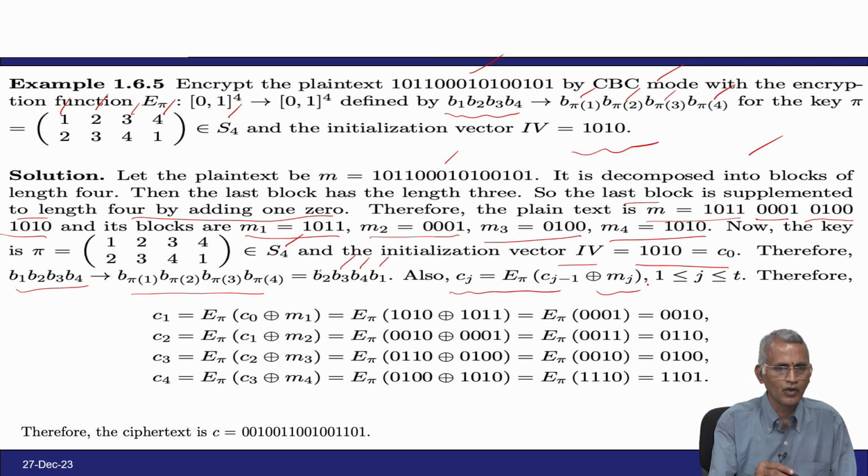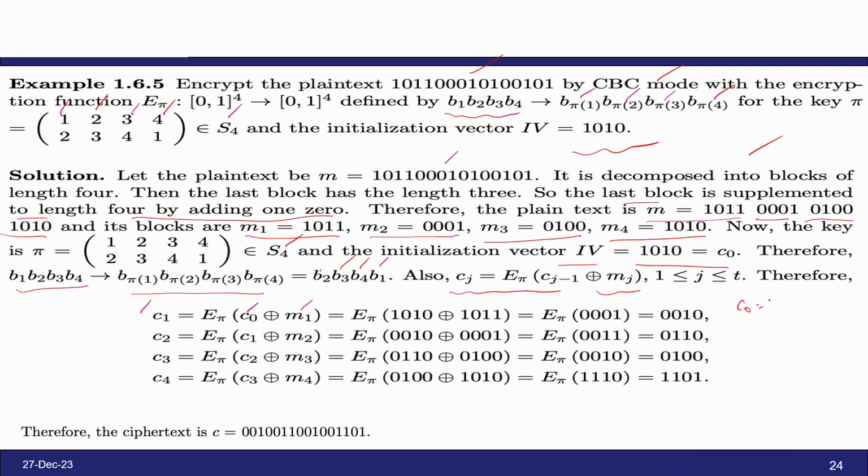Therefore, the cipher text C1 is E_pi of, for j equal to 1, j minus 1 is 0, therefore C0 XOR M1. What is C0? Already given, 1010. What is M1? M1 is 1011.